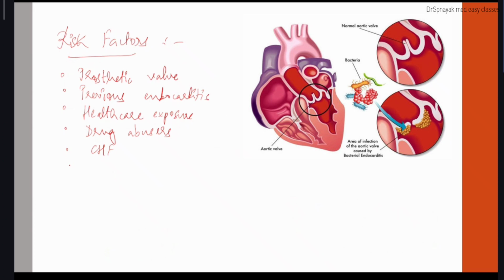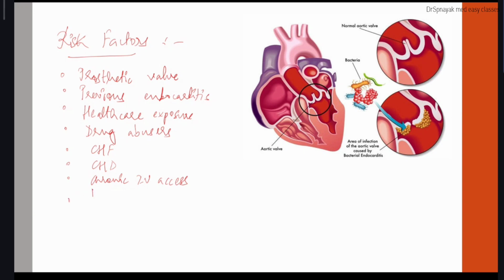Then we have chronic heart failure, congenital heart disease, and as I mentioned earlier, mitral valve disease and aortic valve disease. Then chronic IV access. If a patient has chronic IV administration, then it might also lead to endocarditis.